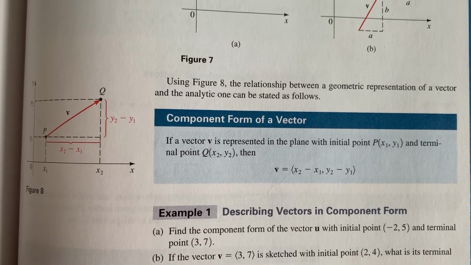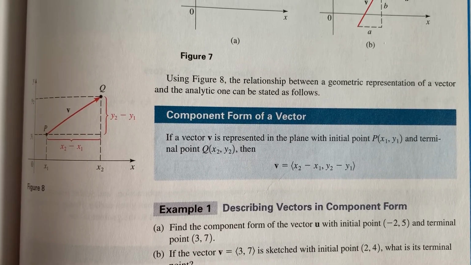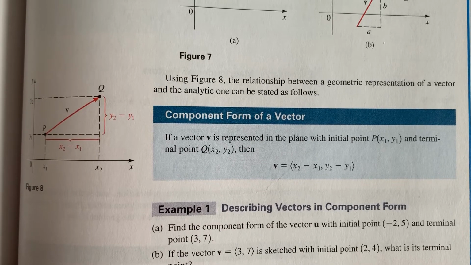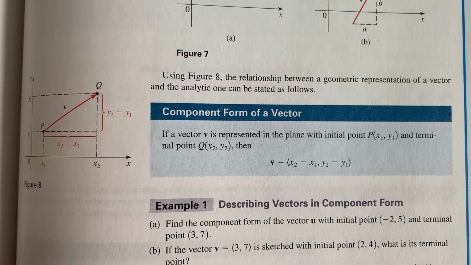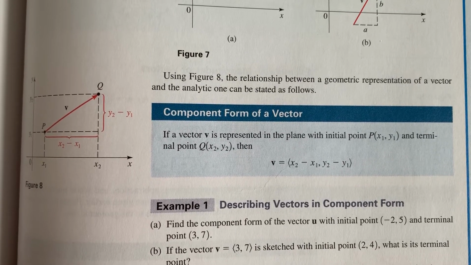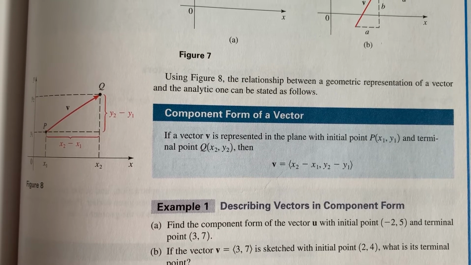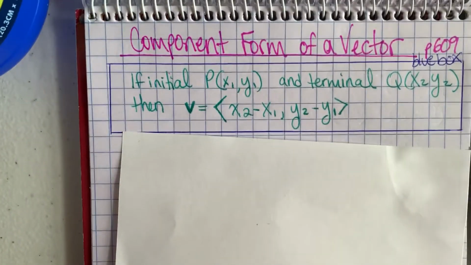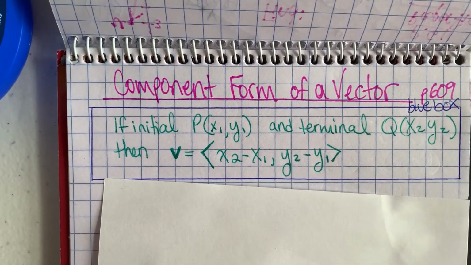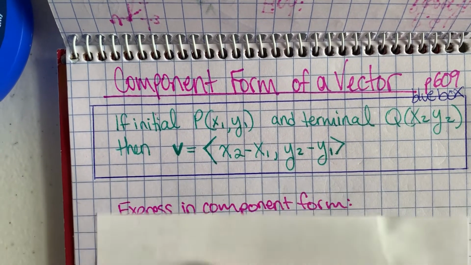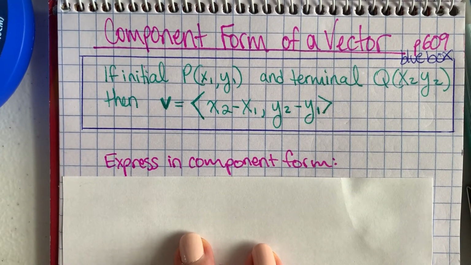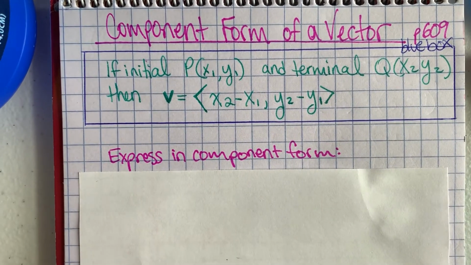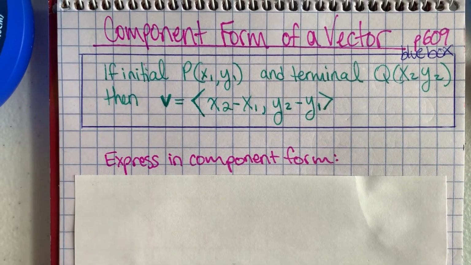If a vector v is represented in the plane with initial point P, x1, y1, and terminal point Q, x2, y2, then the vector v, bolded lowercase v, equals x2 minus x1, comma, y2 minus y1.